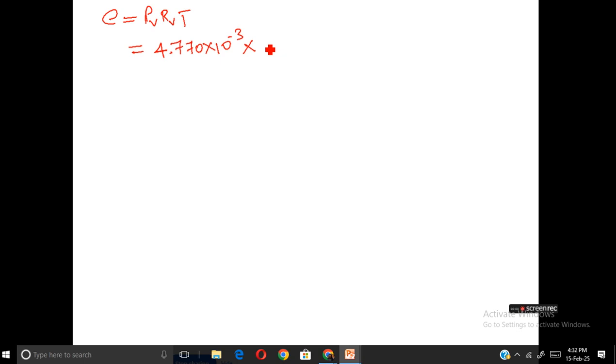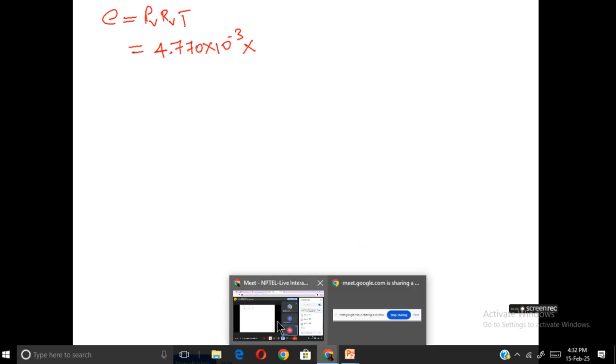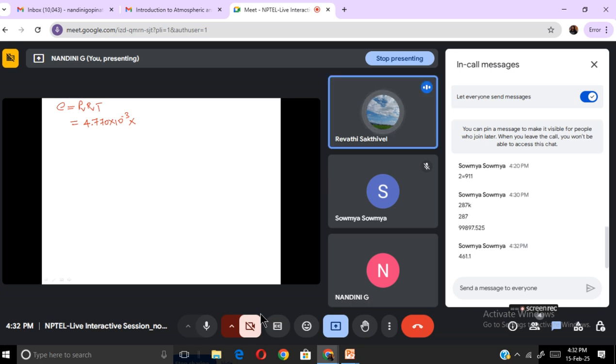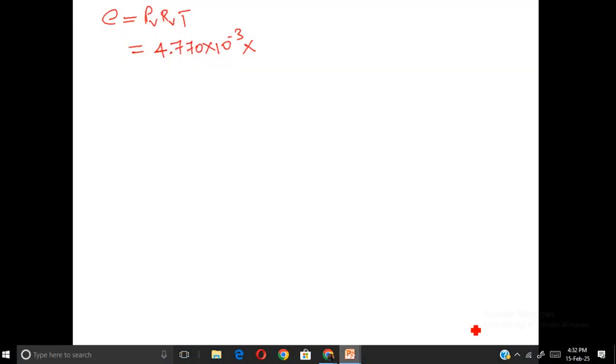What will be the value of RV, or the specific gas constant in terms of moisture? What will be RV? 461.1, ma'am. So it will be 461 into temperature, which is again 273.